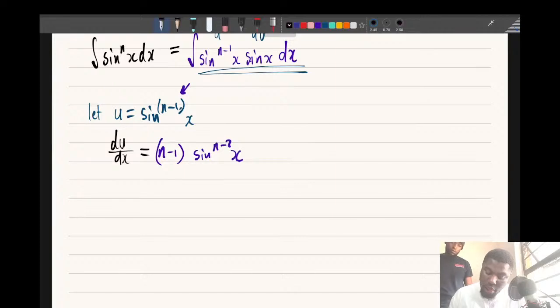Then minus the integral of v du, so it will be sine to the n, with v being negative cos x. Put du. Du would be n minus 1 times sine x to the n minus 2 times cos x.